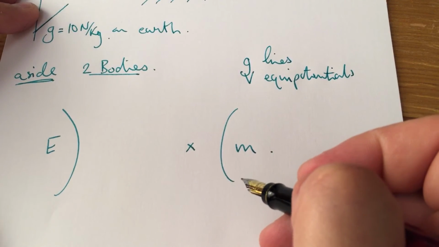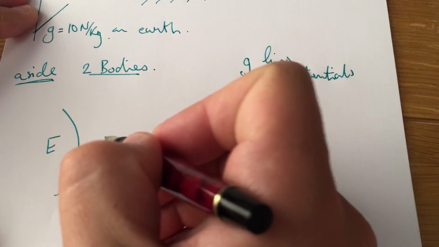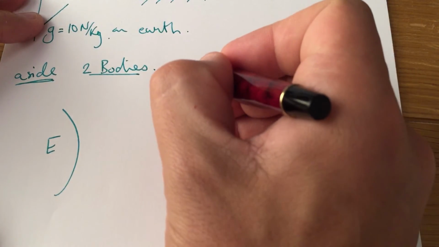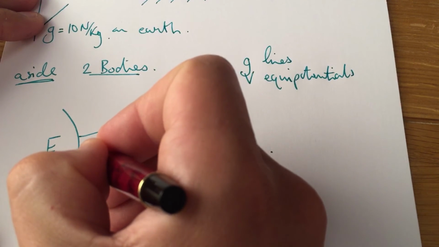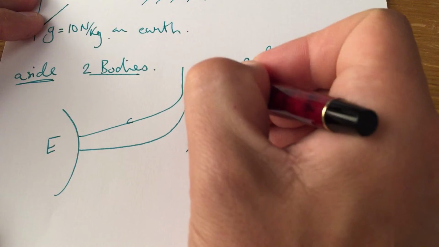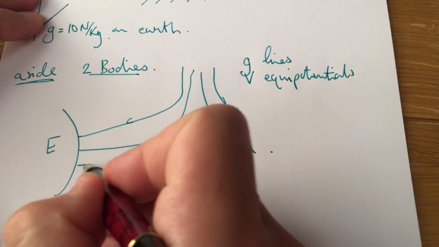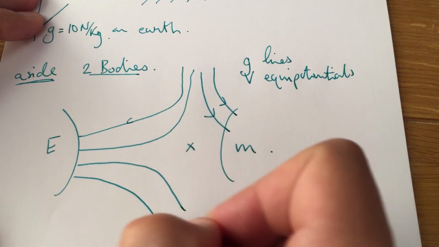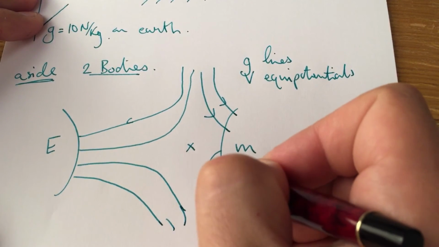Otherwise, press pause and give it a go. Otherwise, here comes the answer. Okay, so we know they're both attractive, and if you recall from the last video, they're going to do something like this. They're sort of competing against each other, with one being more dominant than the other. They'll never cross over, they just work against one another.